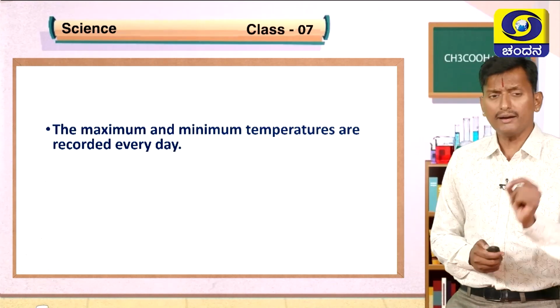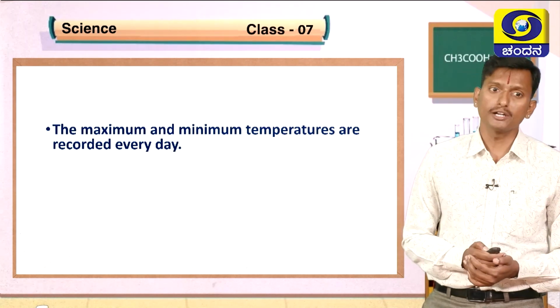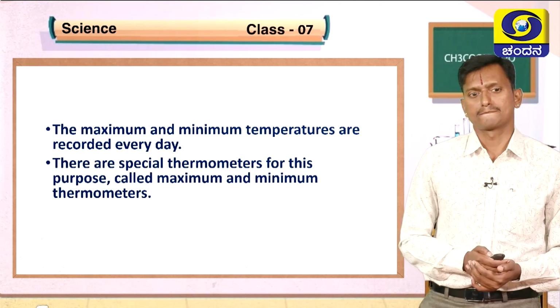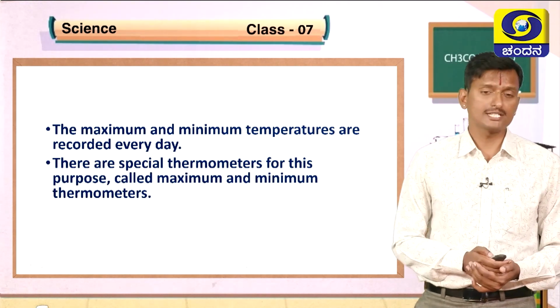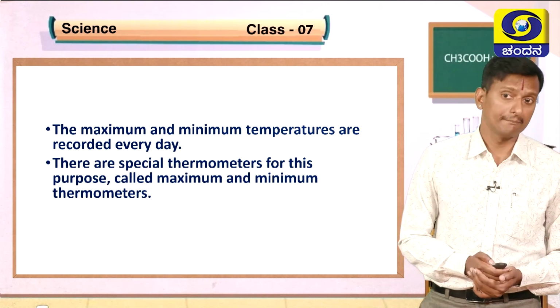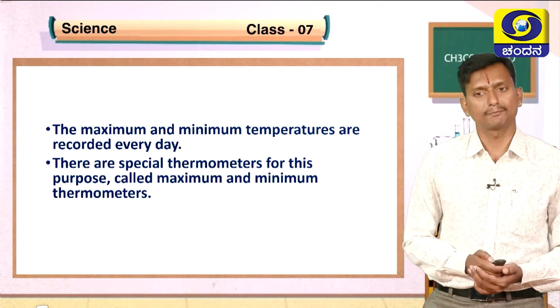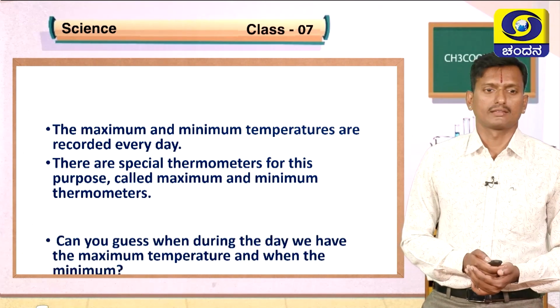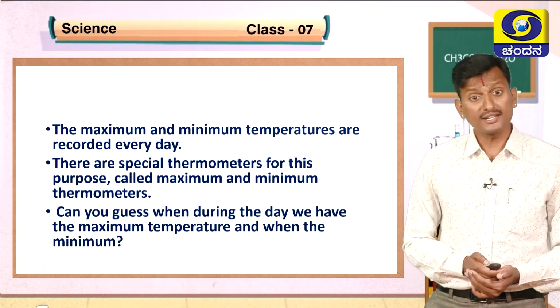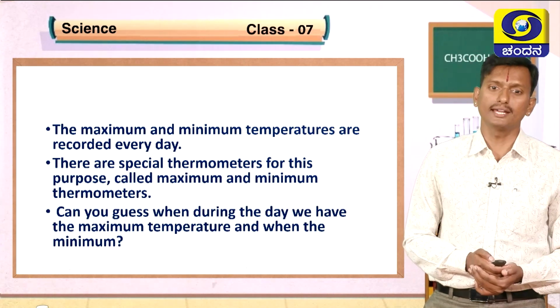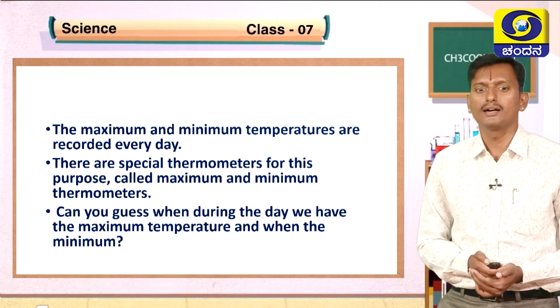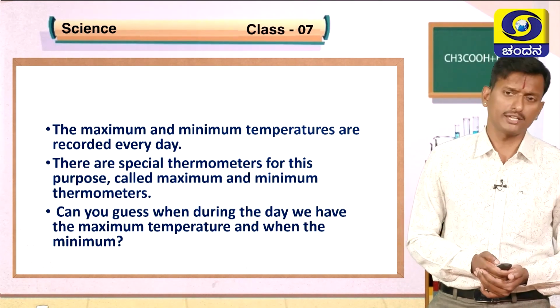The maximum and minimum temperatures are recorded every day. The special thermometers for this purpose are called maximum and minimum thermometers. Can you guess when during the day we have the maximum temperature and when the minimum?